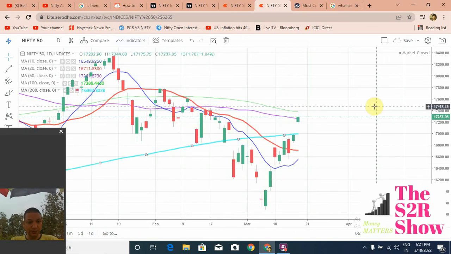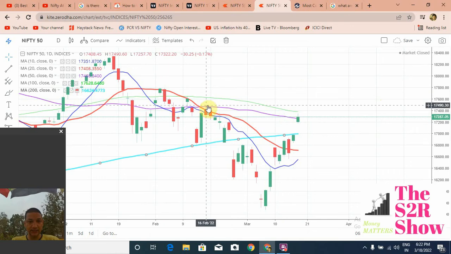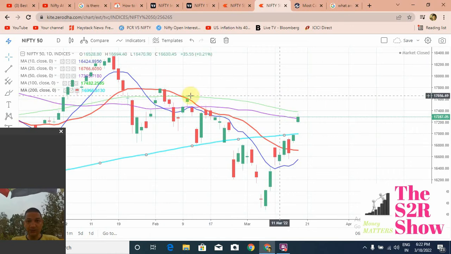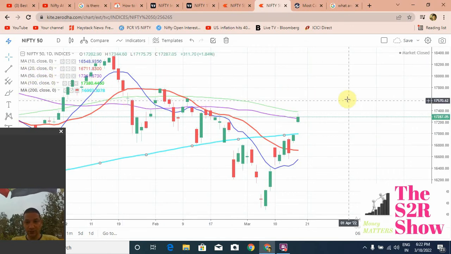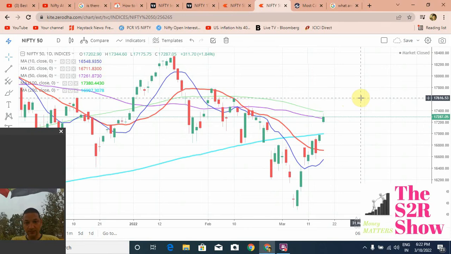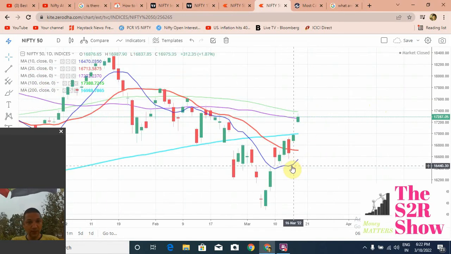So this is how, for people who are new and do not know how to use the indicator, they can insert indicators like this, and you can see all the lines. The lines denote the respective moving averages. If you look at the chart, where is the Nifty trading? Nifty is trading above this blue line, and the blue line is for 10 days.